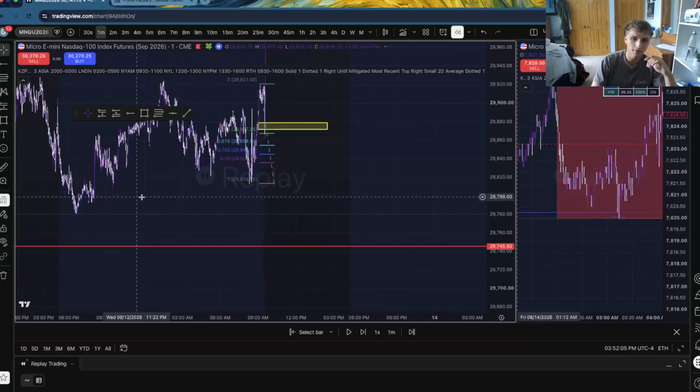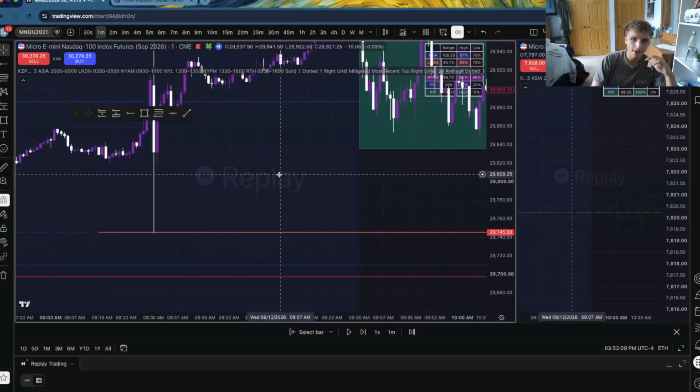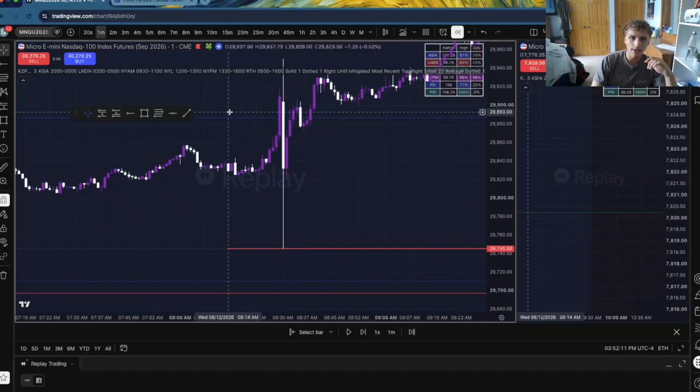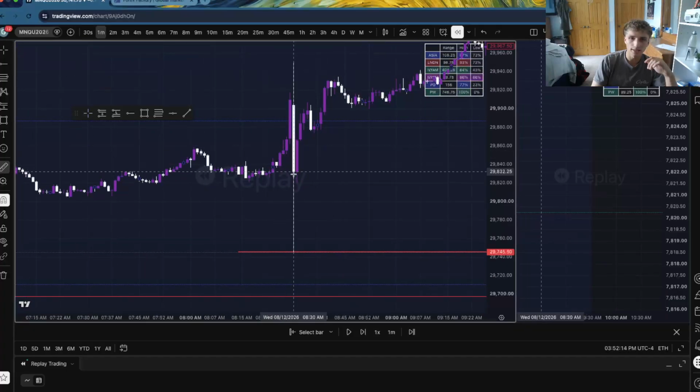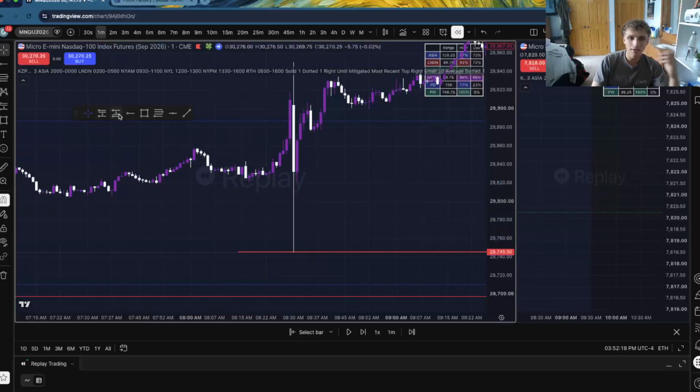As you can see, at 8:30, this candle, we get a crazy move. This is insane. We get crazy moves on big news days like CPI, and some days NFP can affect the market pretty well.